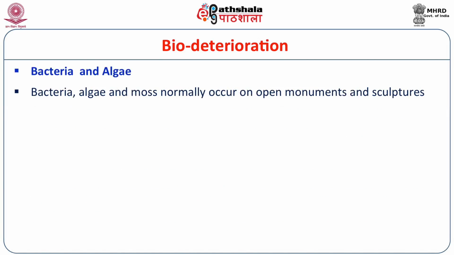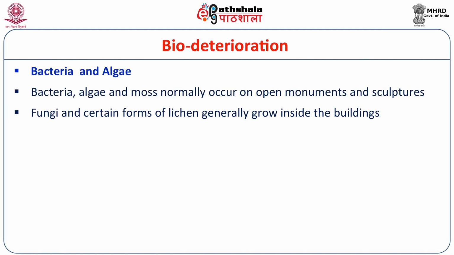Bacteria and algae and moss normally occur on open monuments, temples, mosques, sculptures, etc., and they cause serious damage to this type of cultural object. Fungi and certain forms of lichen generally grow inside the buildings.